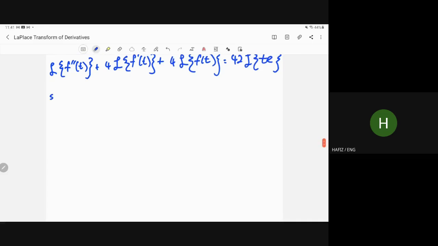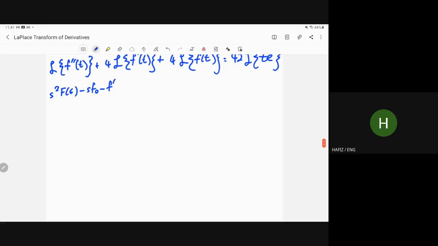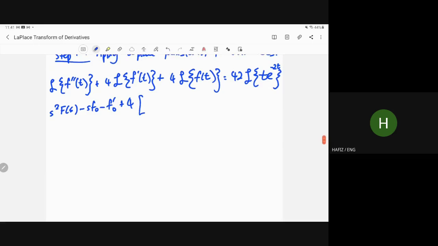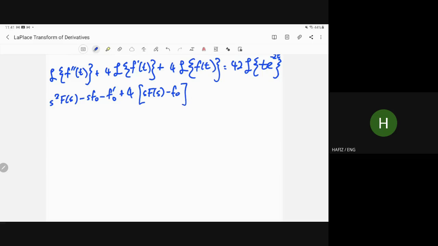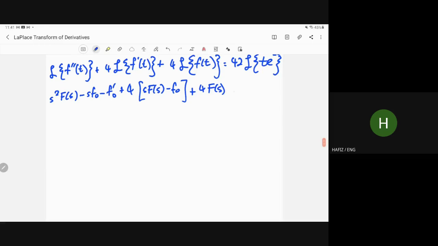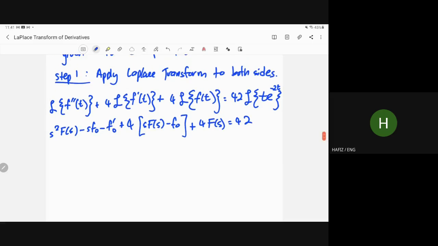s squared F(s) minus s f(0) minus f'(0), plus 4 times sF(s) minus f(0), plus 4F(s) equals 42.